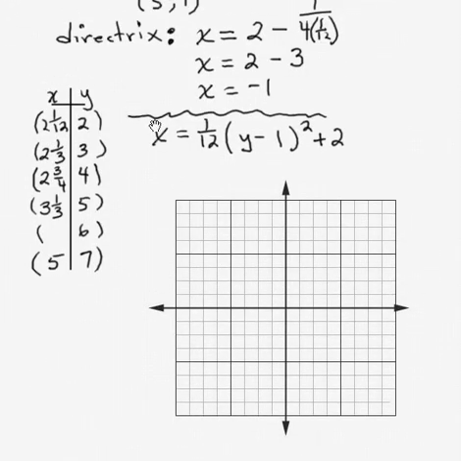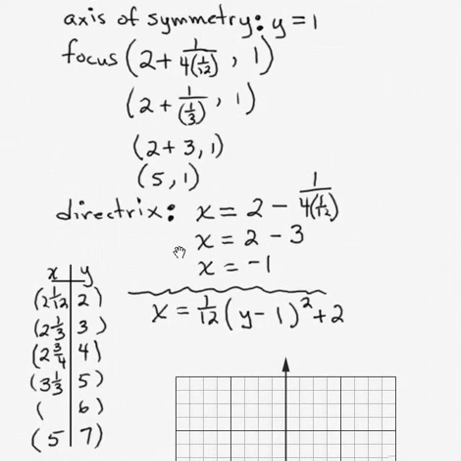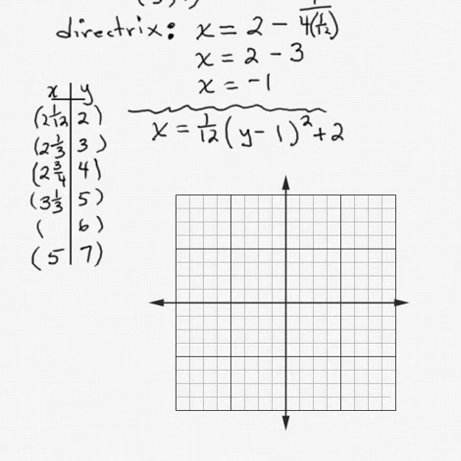So let's look at our graph paper. Let's remember what our vertex was. 2, 1. Plot our vertex, 2, 1. Plot some points on my graph. So here's the point. Let's find out what that point is. So 1, 2, 3, 4, 5, 7. There's my point 5, 7, the only point that didn't have fractions in it.